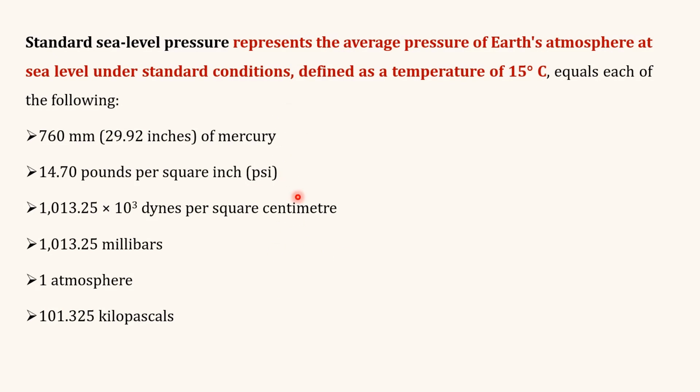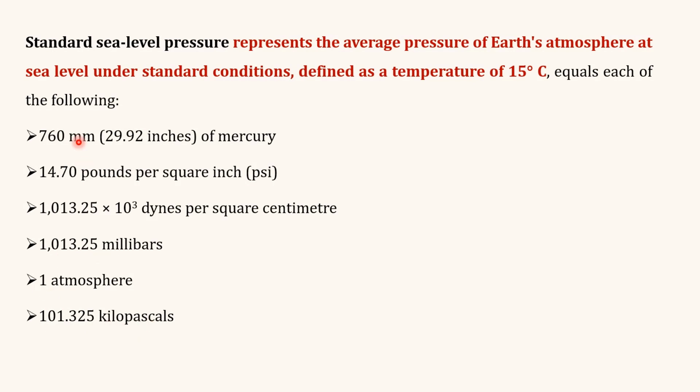So these are the values of the standard sea level pressure represented in different units. Standard sea level pressure is equal to 760 mm of mercury or 29.92 inches of mercury. It is also equal to 14.7 pounds per square inch, 1013.25 into 10 to the power 3 dynes per square centimeter, 1013.25 millibars, 1 atmosphere, or we can say 101.325 kilopascal.